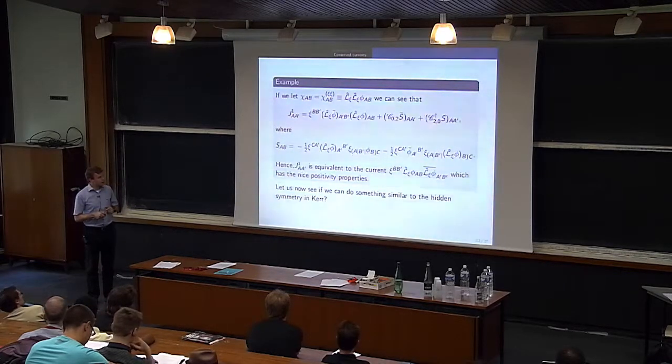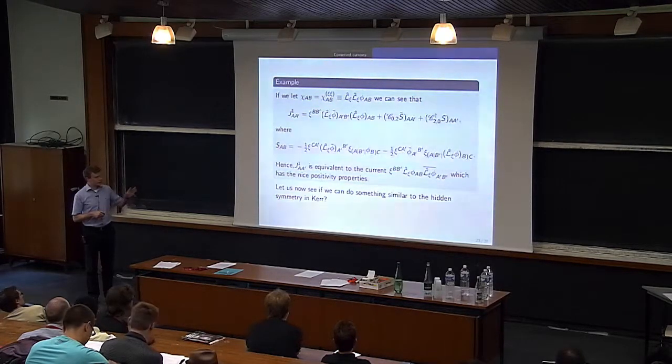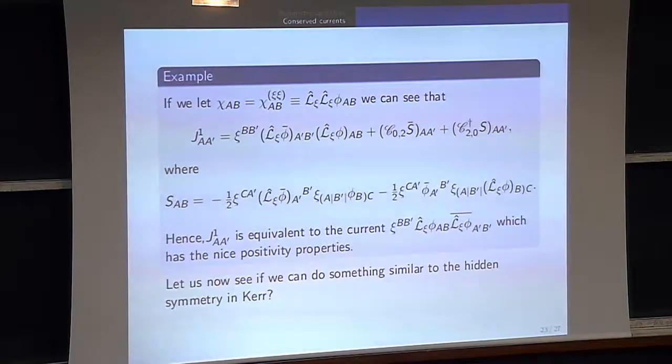So we get this, and this trivial current we have to add just looks like this. The form of that is not particularly important, but we just get a trivial current from these last two terms. And now this first part is just like the standard energy momentum tensor, but we have a Lie derivative first. So this certainly has the same positivity properties.